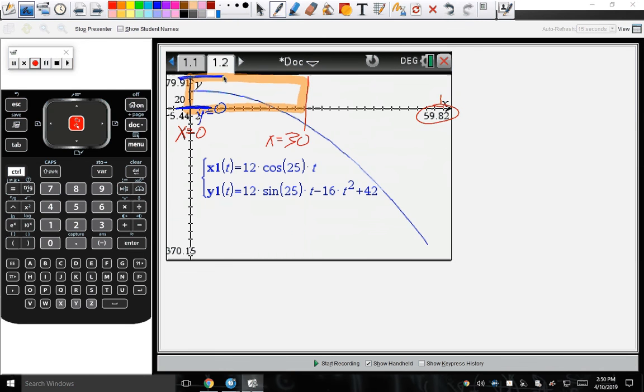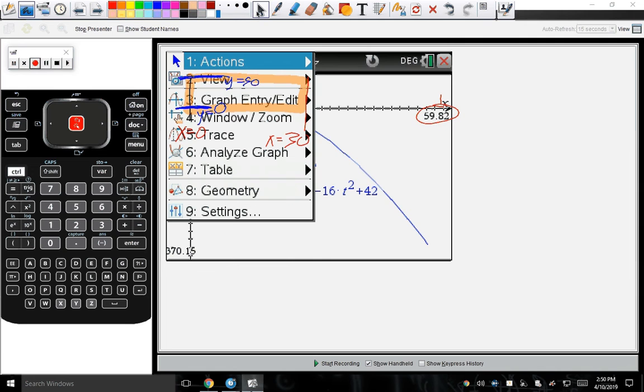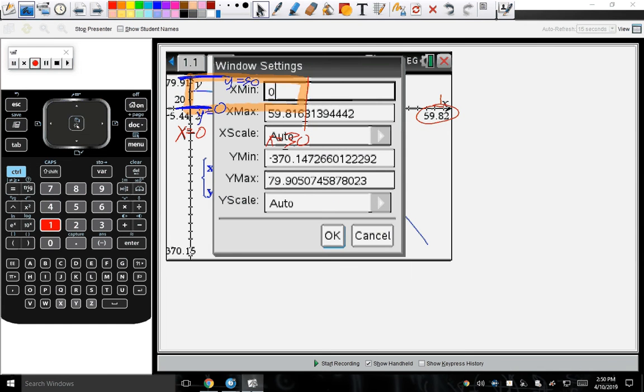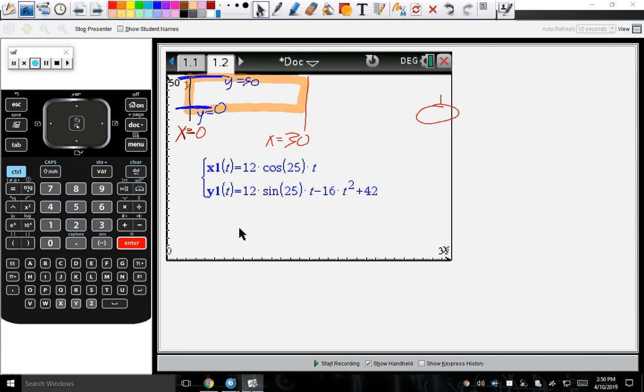And what is your maximum y that you're going to try to put? 50. So now, when I go to the calculator, I'll press Menu 4, 1, so that I can customize this the way we got it, 0 to 30 and 0 to 50. And now the graph is sitting there pretty so that you can really analyze what it's doing in that first quadrant.